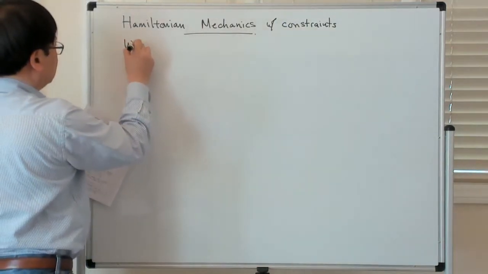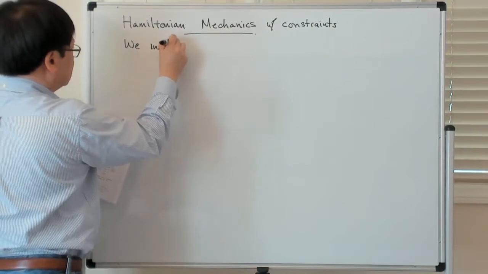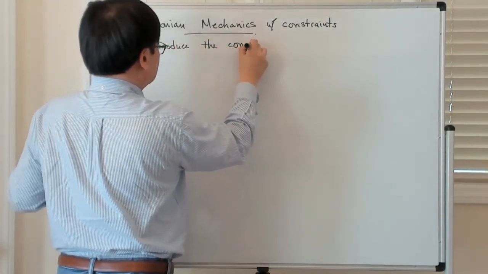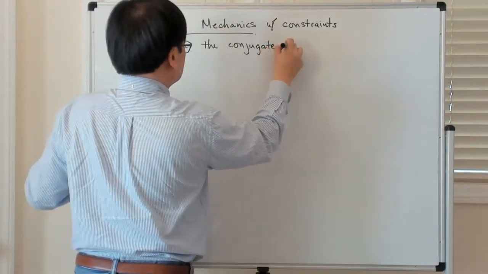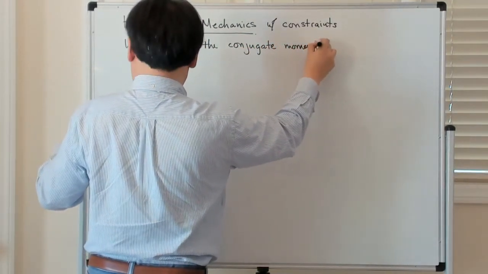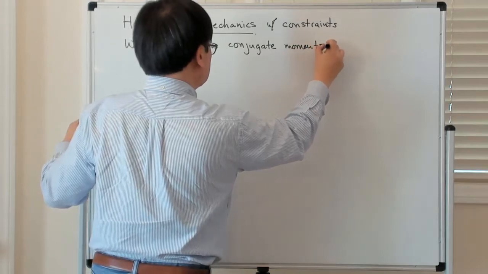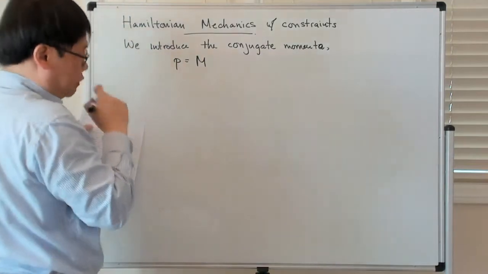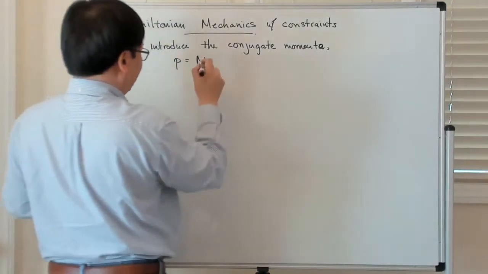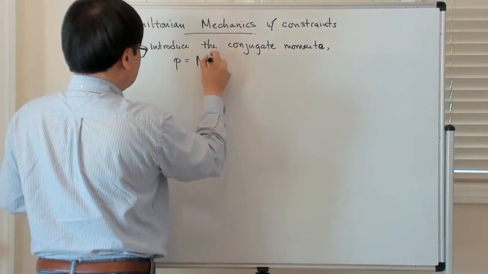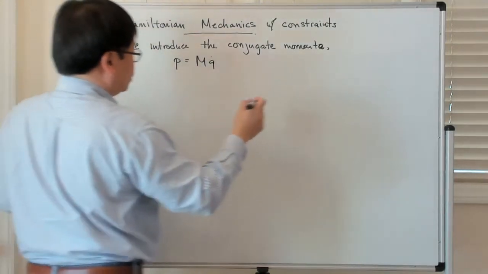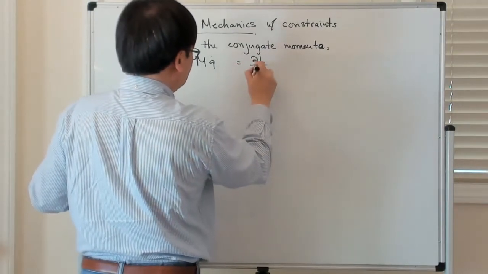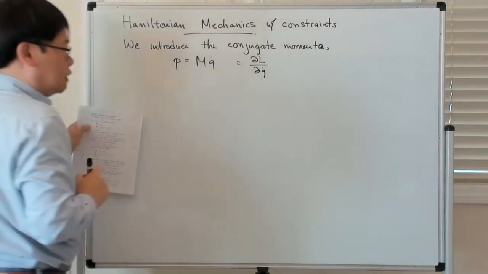Okay, so we introduce the conjugate momenta, which is P, and in the case of most mechanical systems, it's something like the mass matrix times the velocity. More generally, it is the partial derivative of the Lagrangian with respect to the velocity.